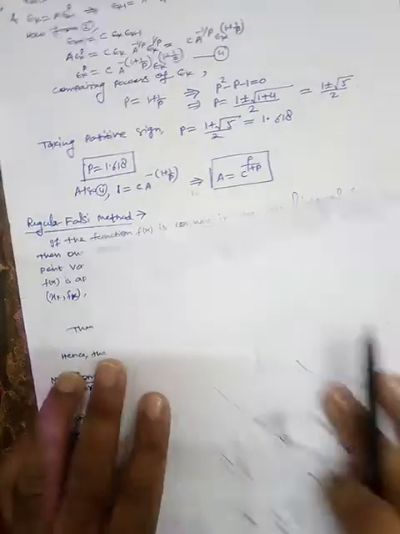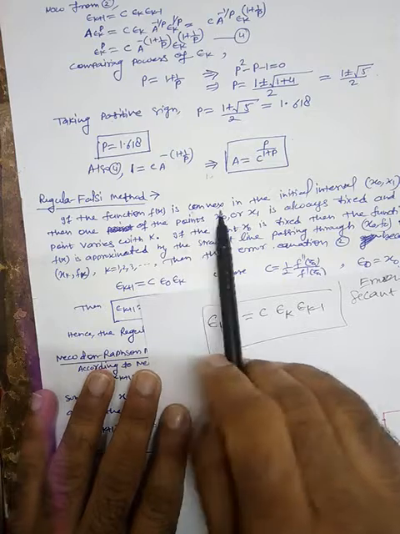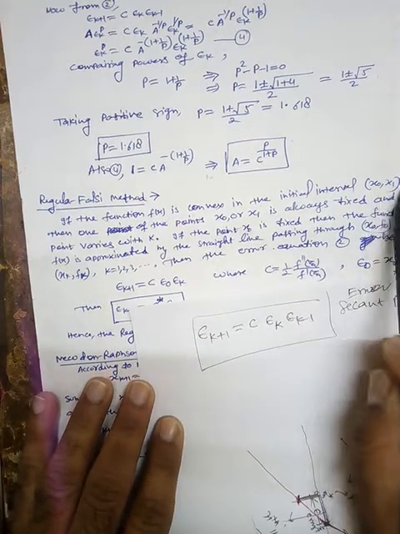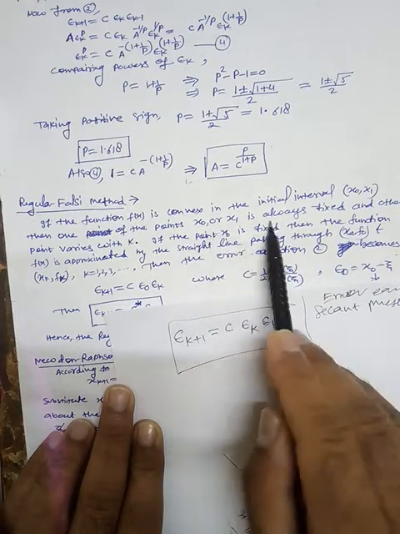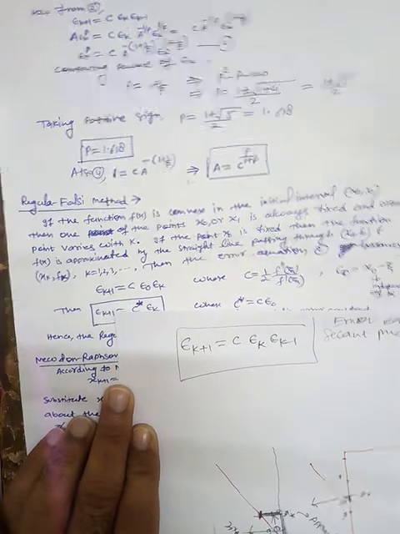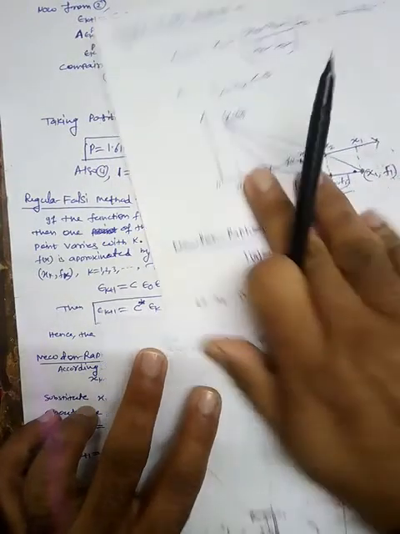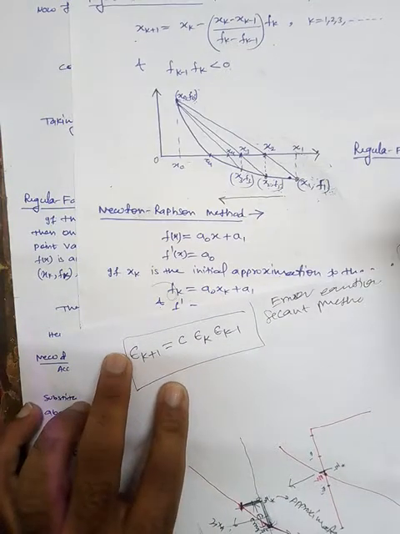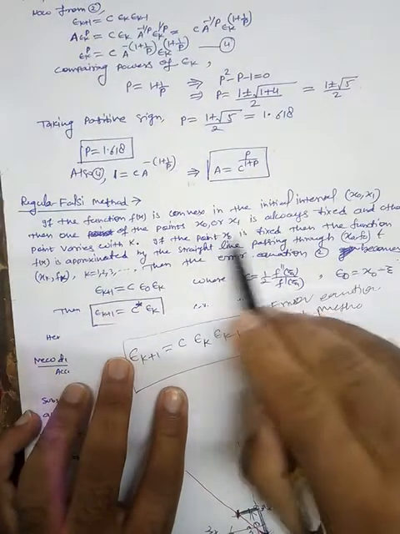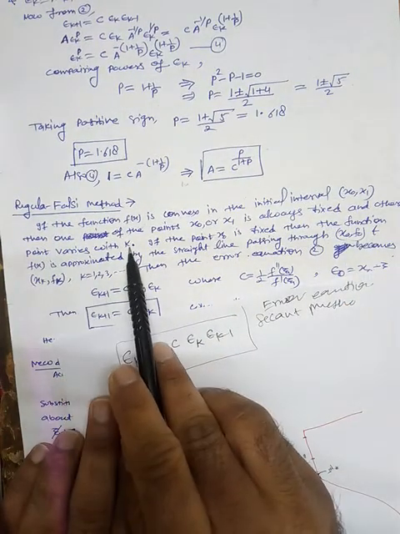Okay, now in the Regula-Falsi method, if we assume that the function is convex in the initial interval x0 to x1, then one of the points, x0 or x1, is always fixed. Just like in this example, you will see that point x0 is fixed, but for another example point x1 may be fixed. That's why x0 or x1 is always fixed and the other point varies with the k index.